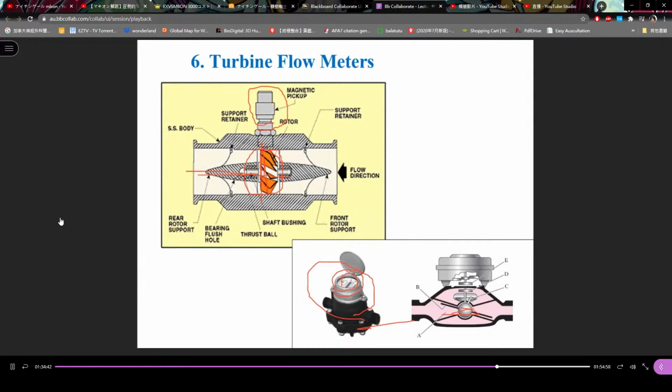This is called a turbine flow meter. It is a traditional one, but very accurate. But the fluid must be very clean and not corrosive, so that it can be used for a long time. For most town gas and water supply, we use this kind of meter. Very reliable.